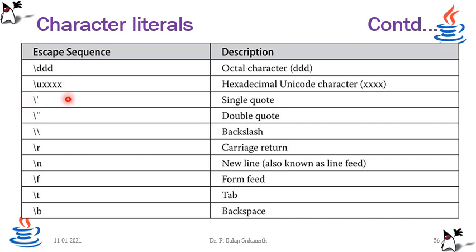Backslash single quote is used for representing a single quote, and backslash double quote is used for representing a double quote inside a string. In order to represent a backslash inside a string, we use this escape sequence, and to represent carriage return, we use this sequence. Likewise, we use these following sequences for representing characters inside a character literal.